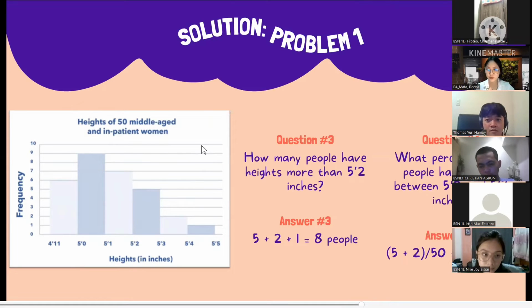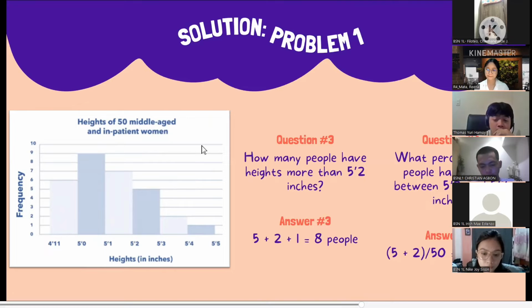Question number 4 asks what percentage of people have heights between 5'2 and 5'3 inches. People with height 5'2 are 5 people, and for 5'3 we have 2 people, and then we need to add those to get 7. We need to divide that by 50 because there are 50 middle-aged women inpatients.